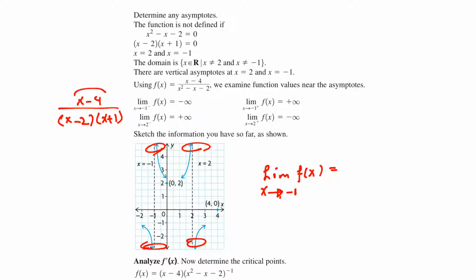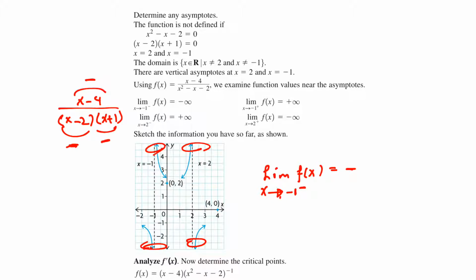X minus 2 is also negative. Since x is less than -1, x plus 1 is also negative. This means when x is near -1 and is smaller than -1, the fraction is negative.